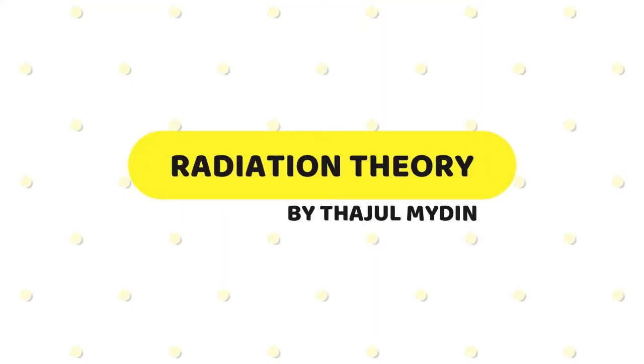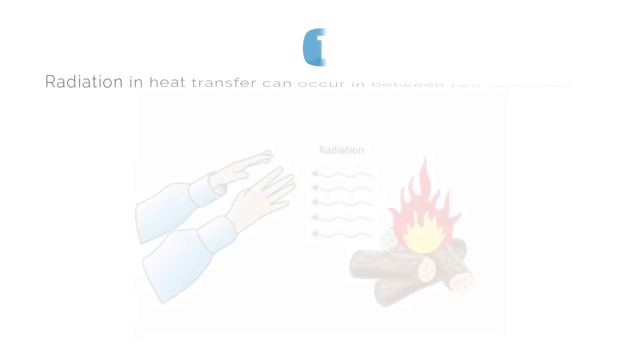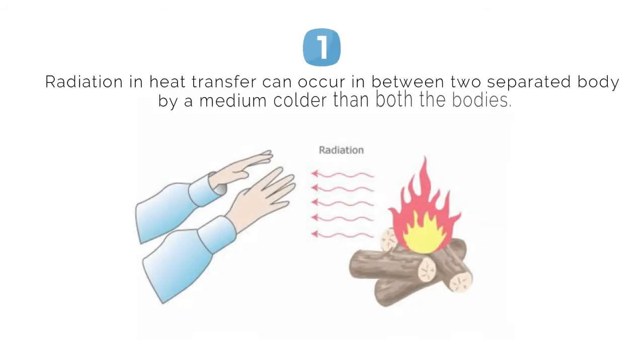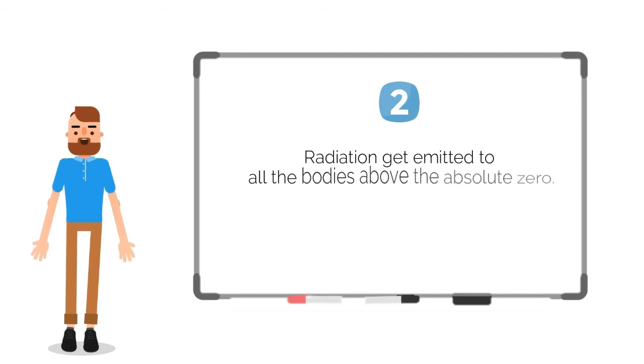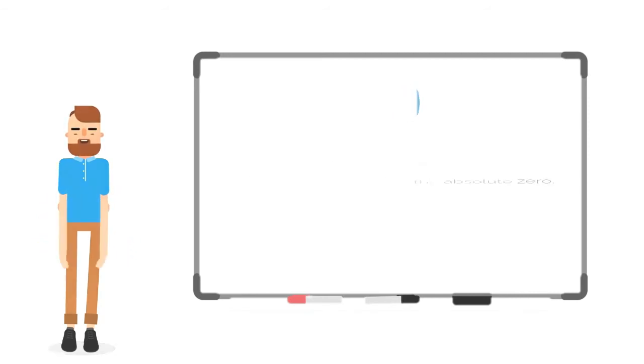The theory of the project. First, the radiation in heat transfer can occur between two separated bodies by a medium colder than both the bodies. Second, the radiation gets emitted by all bodies above absolute zero.